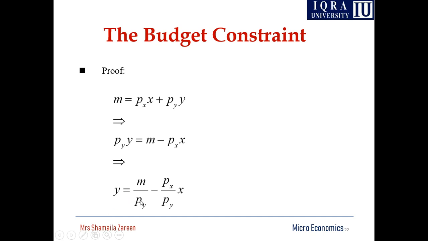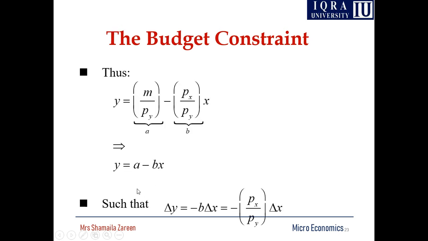The y is equal to m over py minus px over py into x. You can easily show the intercept and slope from this equation, as here y is the dependent variable and x is the independent variable. Likewise, as you write y equals a minus bx, this is a and this is b, and you can easily find out the slope of the budget line.